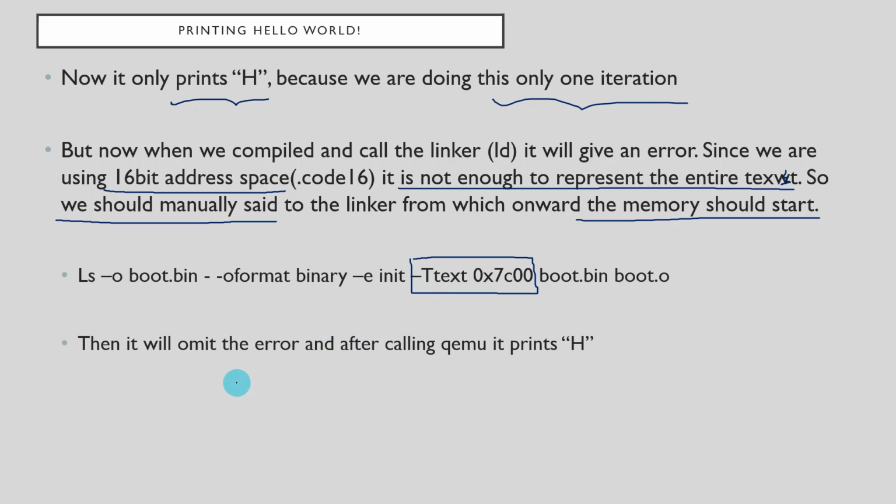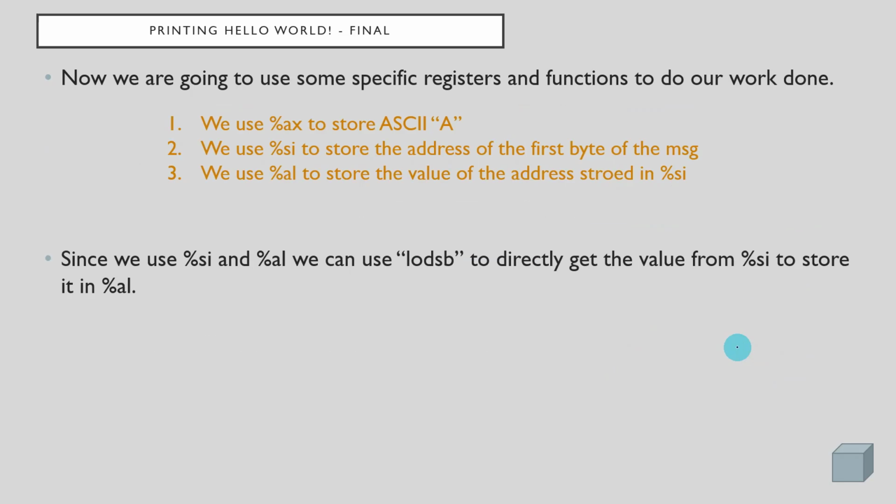And yes, it printed H, but now we need to print the whole text. So we create a loop, then it will print the characters one by one, and we will have the whole text.